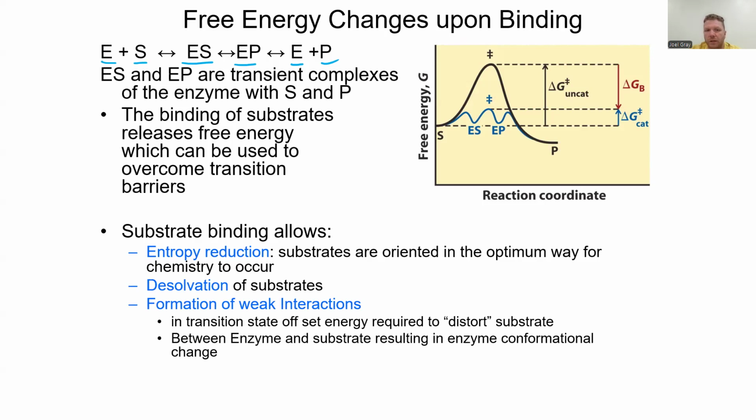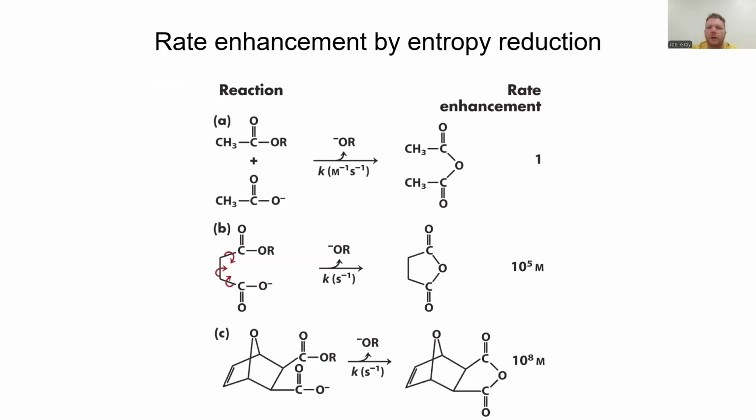Weak interactions between the enzyme and substrate result in the enzyme making conformational or shape changes. Now, here's one thing that I always like to look at when it comes to speeding up a reaction and thinking about entropy of a reaction.